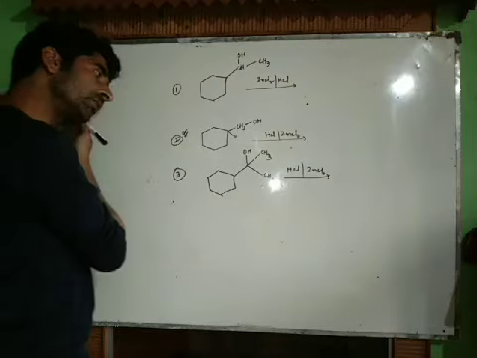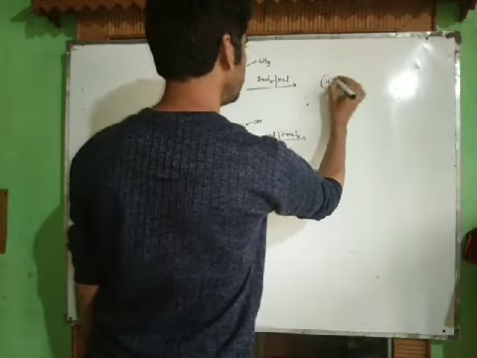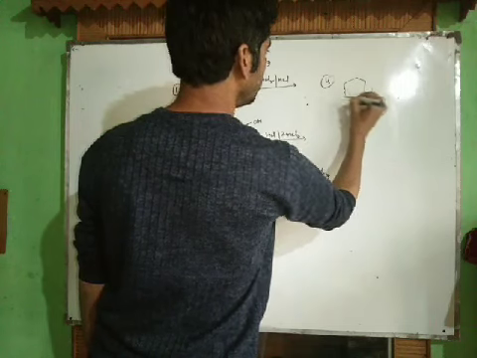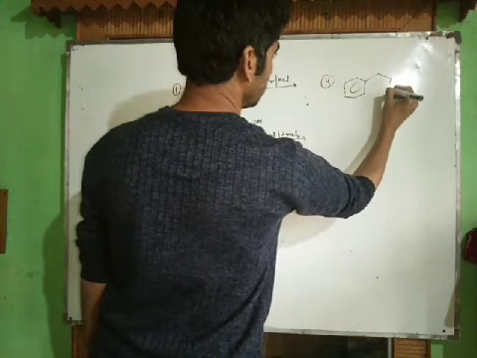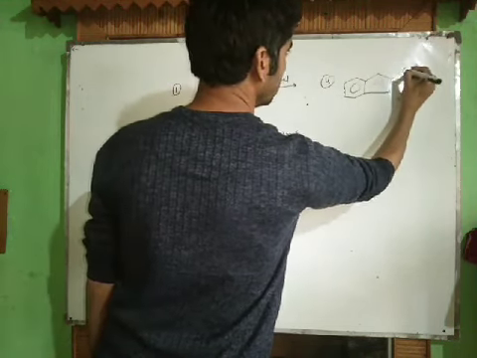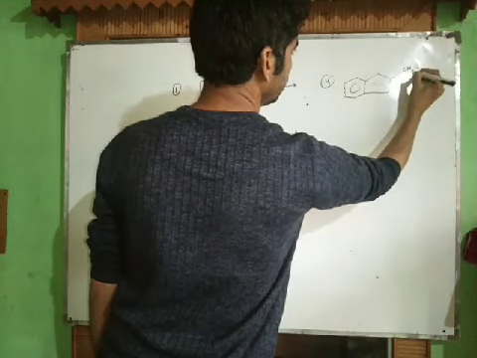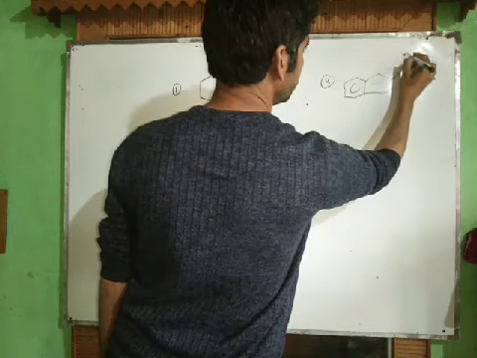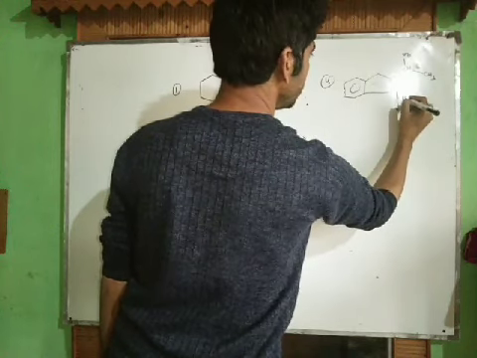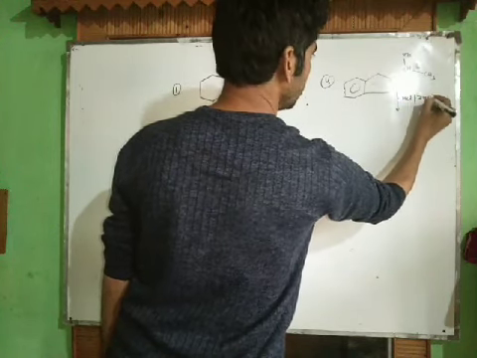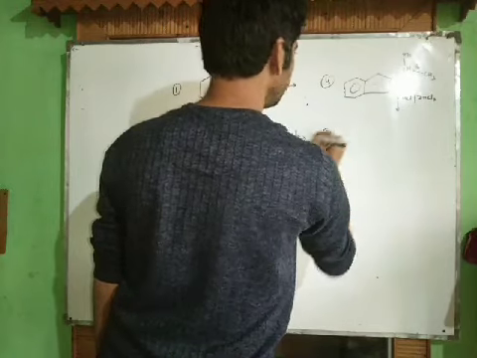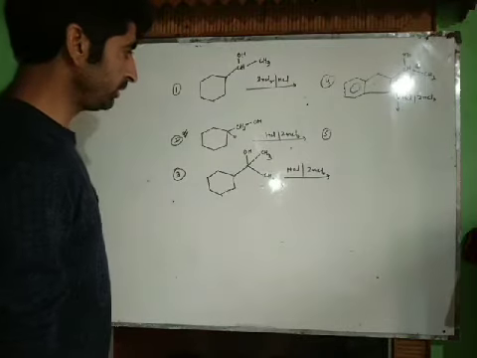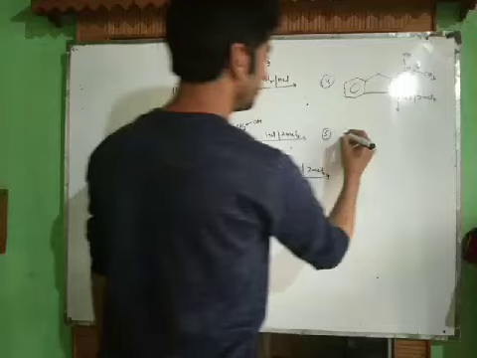Now let me draw more questions. Question number 4 is like this: CH3OH, treating this with Lucas reagent, HCl and ZnCl2. The more questions you practice, the more hold you can have on your knowledge.